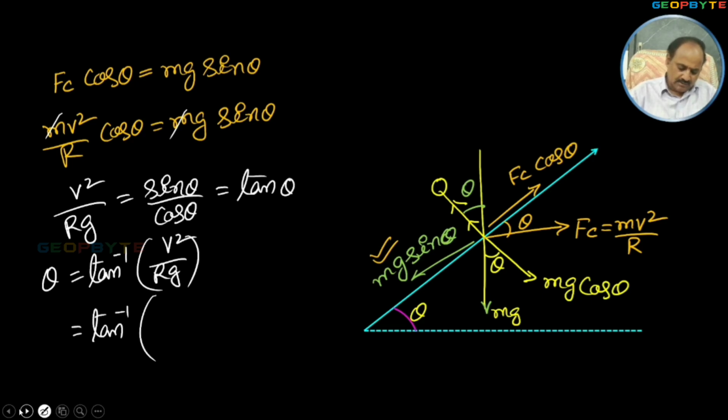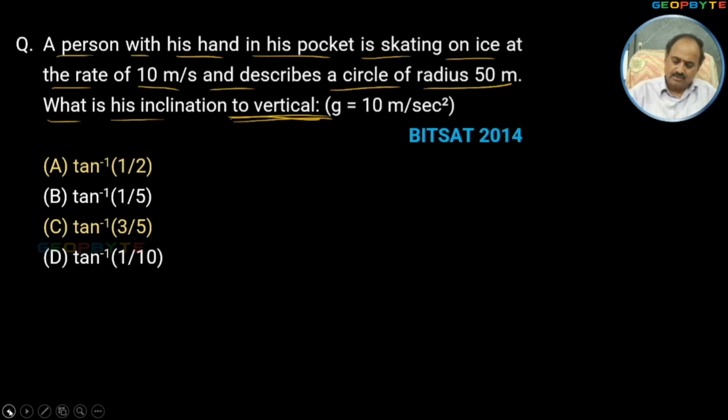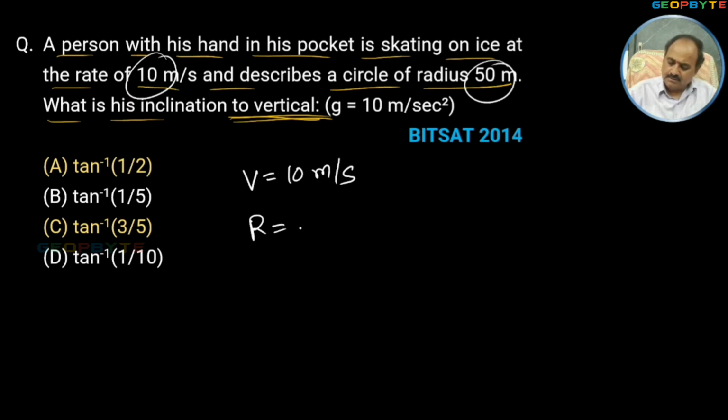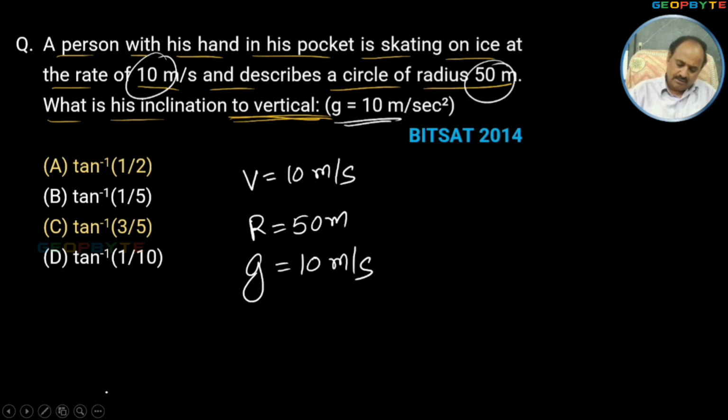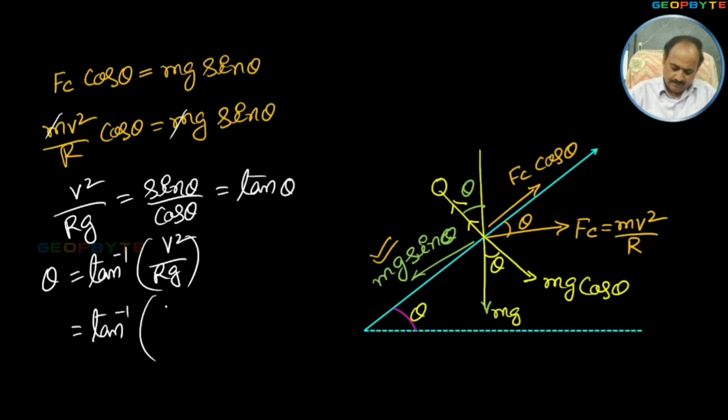Look at the v value. V is given as 10 meter per second. Radius of the circular path equals 50 meters. Acceleration due to gravity g equals 10 meter per second square. So v equals 10, r equals 50. 10 square by 50 into g value 10.